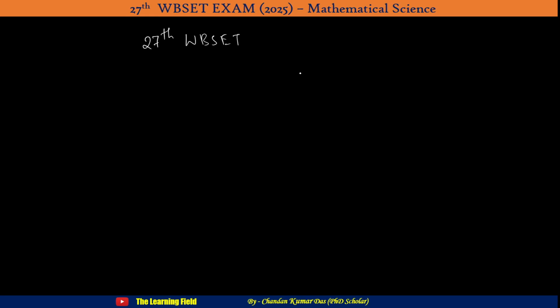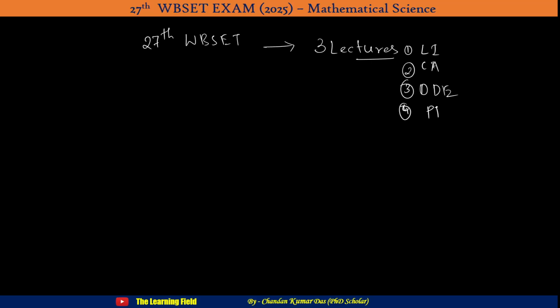We already covered three lectures of solving the WB SET exam, and we already covered most of the topics like linear algebra, complex analysis, then the ODE, I think ODE we covered, PDE, and then linear integral equation, then calculus of variation, and numerical analysis.